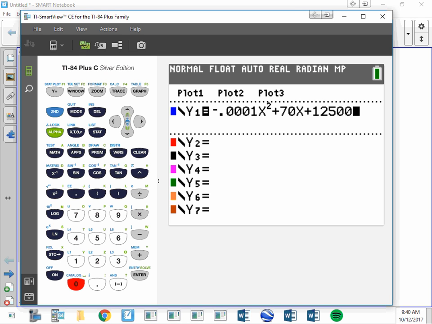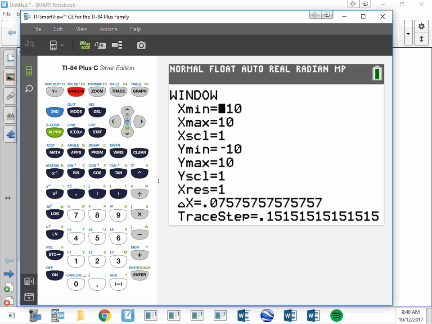So what I recommend you do is pick your x values. What makes sense as an x minimum? 0. Right now, my x minimum is set at negative 10. Why is that a bad idea? You can't put the accessories back in the box and ship them back to China and get your money back, right? You can't undo your accessories. So we definitely want to start at 0.